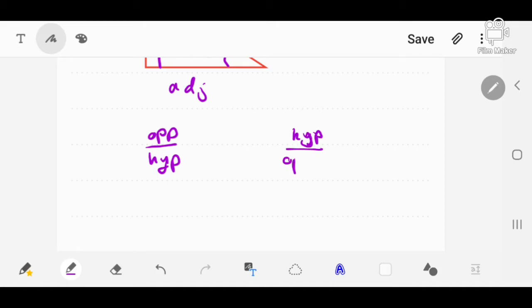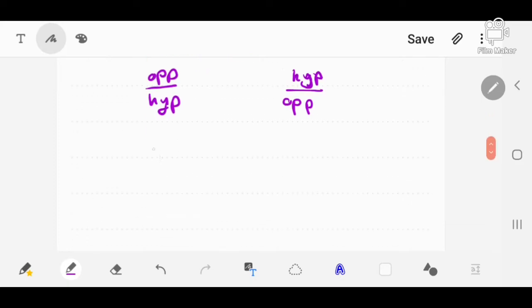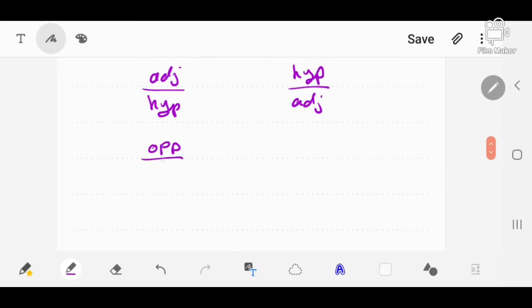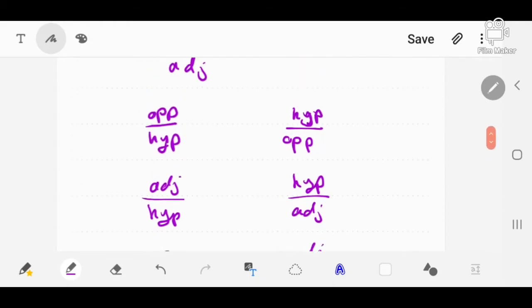The ratio between the adjacent over the hypotenuse will be the same, and the reciprocal of it, which is the hypotenuse over the adjacent. And of course the ratio between the opposite and the adjacent will be the same, and also its reciprocal, the adjacent over the opposite, will always be the same. So these ratios will always be the same as long as you are talking about the same angle theta.